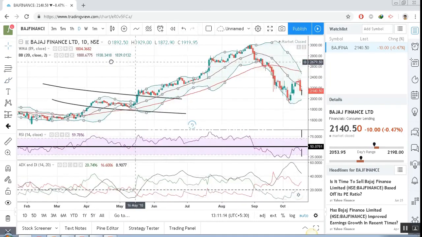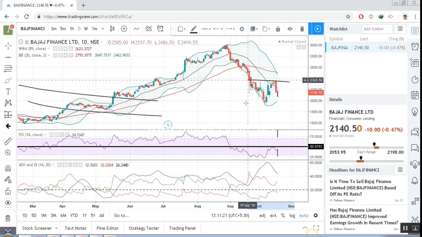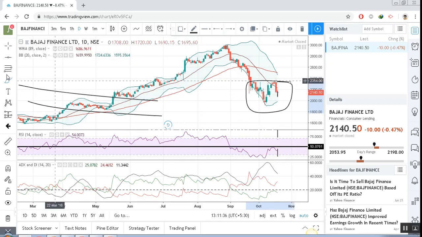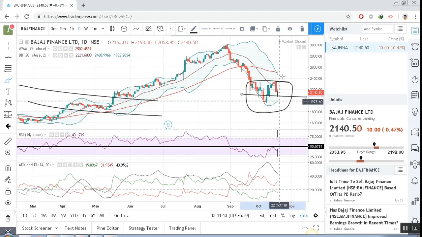The prices are either in a trending phase, or, see, this Bajaj Finance is in a range. The market is going sideways, kind of choppy. It's not in a trend. In a daily chart, for a period of weeks, the price is staying in a single area and not going anywhere. This kind of market is not safe for trading.